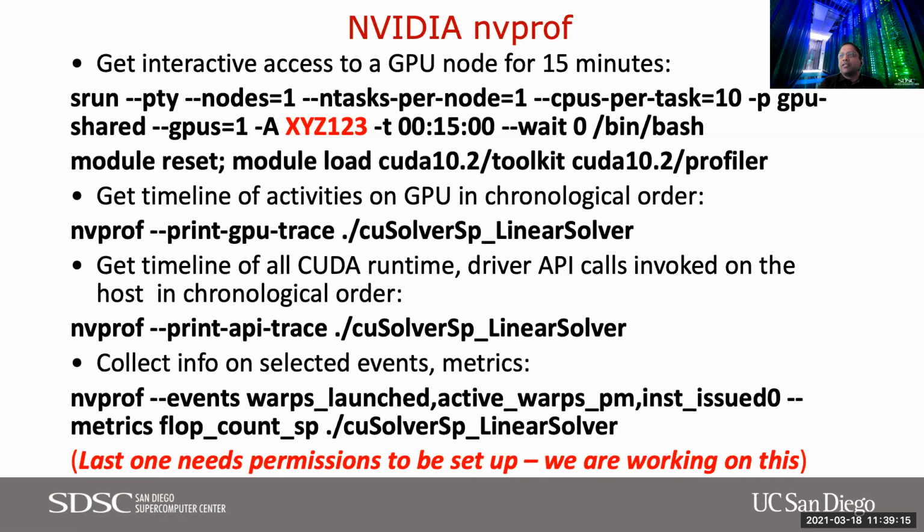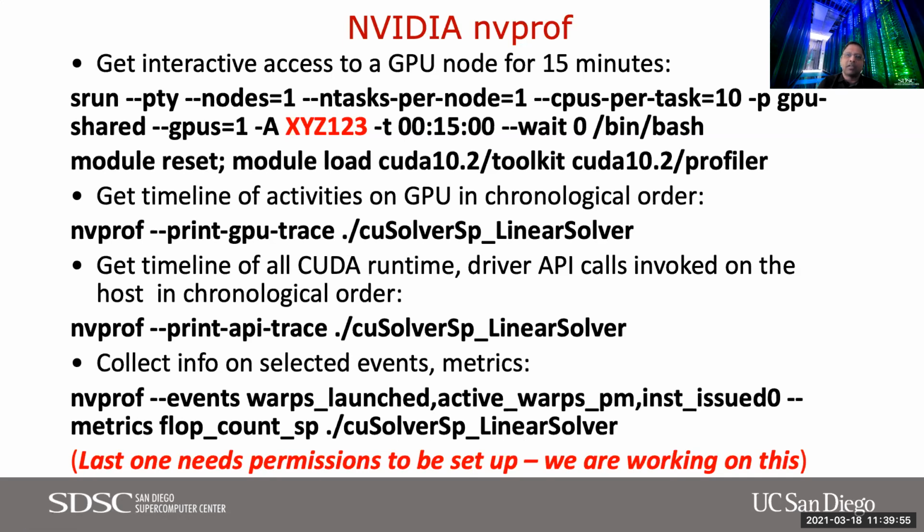First thing is, if you want to do interactive tests, you can get interactive access using srun. That's a command that's showing you how to get it for 15 minutes on one GPU in the GPU shared partition. You can of course change these limits, and the only thing you really need to put specific to your account is the allocation ID. And then notice I do a module reset that basically resets the modules to the system defaults on the GPU partition. And it's different on the GPU and CPU.